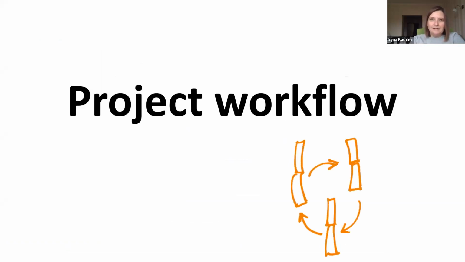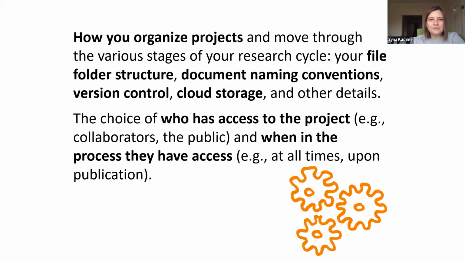Another way of explaining open science is to explain it in the context of project workflows, because everyone is working on projects, from librarians to students, because they might have some small research projects, to researchers.